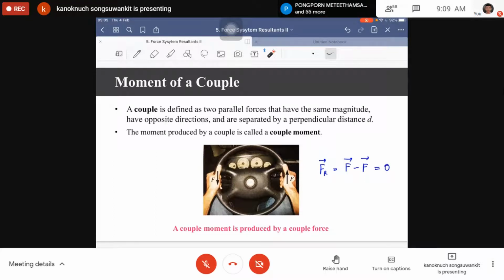Of course, a rotation or a tendency of rotation will act in one specified direction, like this steering wheel of a car. The moment that is produced by this couple force, we call a couple moment.